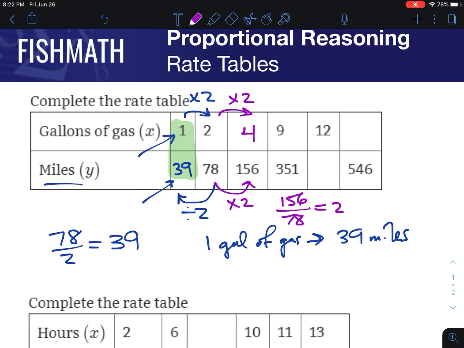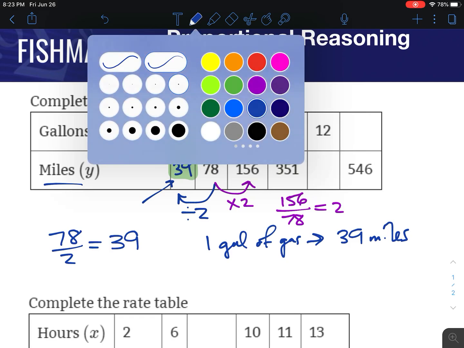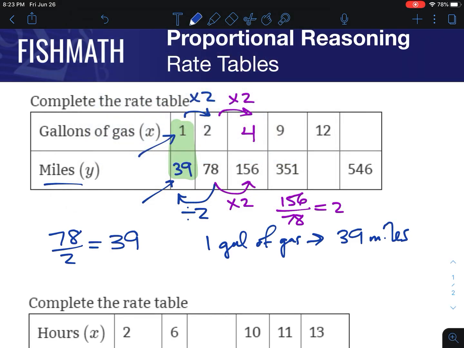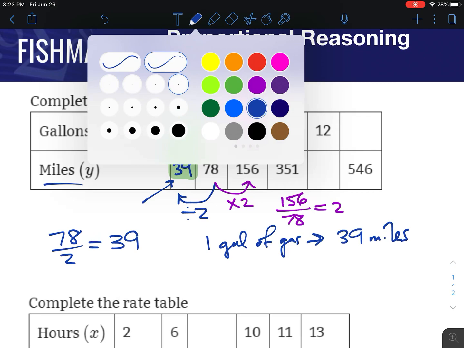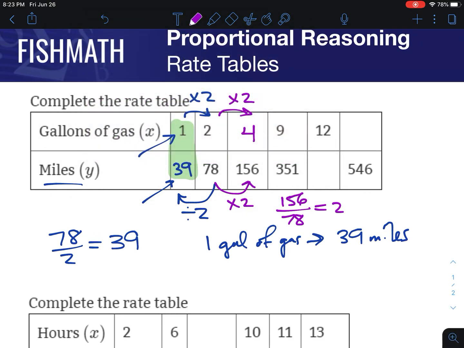We can skip the next one here because 9 through 51 is already filled in. We can jump to 12. So with 12 here, we can scale up to 12 in different ways. We could go 1 to 12, we could go 2 to 12, or go 4 to 12. It actually doesn't matter. I'm just going to be kind of unique here. Let's go from 2. Why not? So let's go from 2 to 12. So we've got to find a scale factor that goes from 2 to 12.